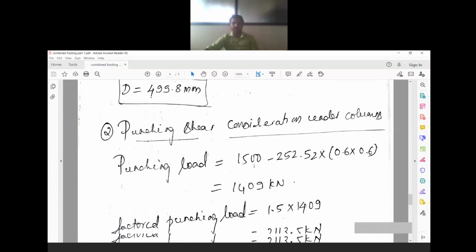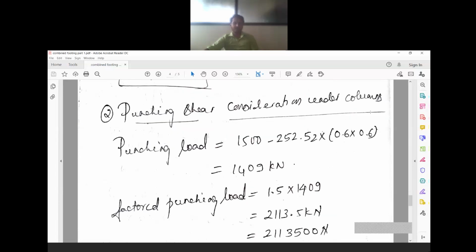Similarly, punching shear consideration under column B. Under column B, we have to calculate the punching load. Same formula: load under column minus area of column into intensity of upward pressure.